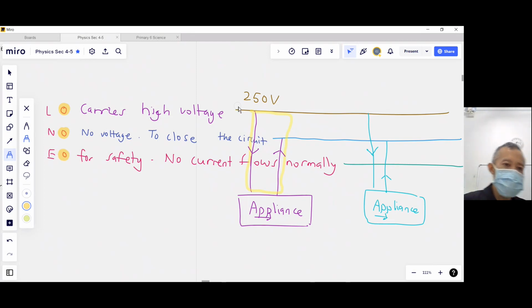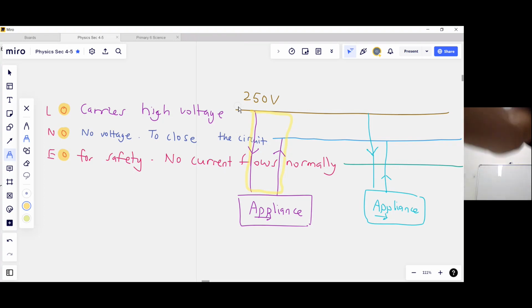I think I showed you the plug last time. This is the plug, and why are there 3 pins? Earth, live, and neutral. That is why there are also 3 holes in the socket.